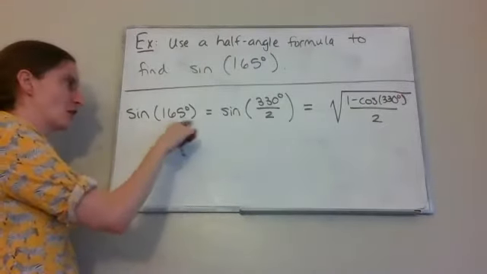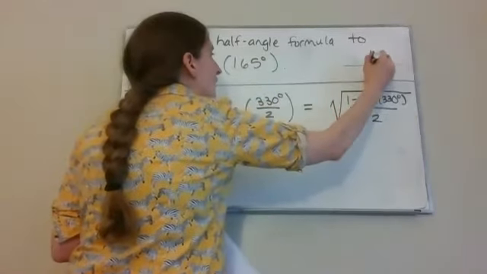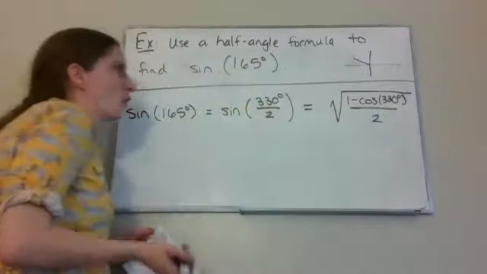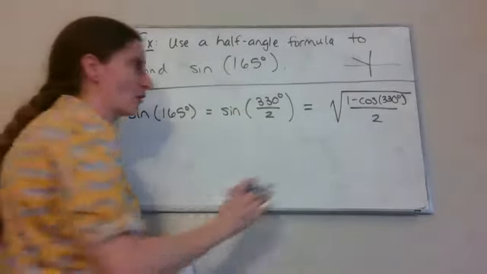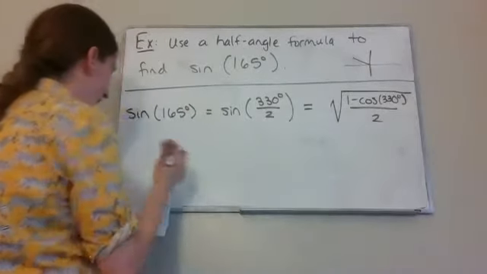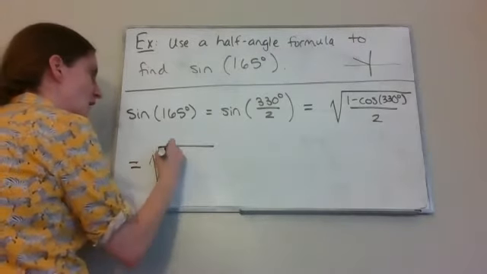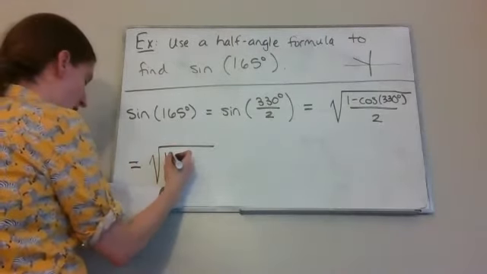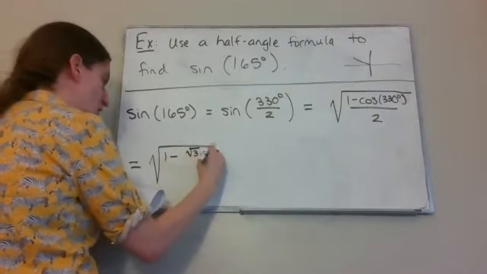Well, the angle that I care about is 165. 165 is somewhere over here in quadrant 2. My sine is going to be positive in that quadrant, so I need the positive root. Now we just need to simplify using my unit circle. Cosine of 330 degrees is a square root of 3 over 2.